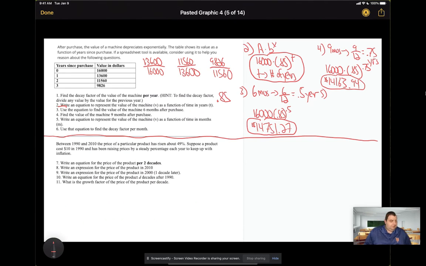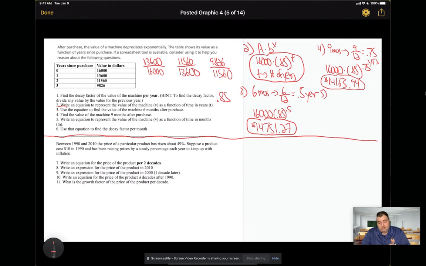Number 5, write an equation to represent the value of the machine as a function of time in months, m. So the key is I have to take the number of months to figure out what value I put in for t. I have to take the number of months and divide it by 12. In number 3, I had to do 6 divided by 12. In number 4, I had to divide 9 by 12.